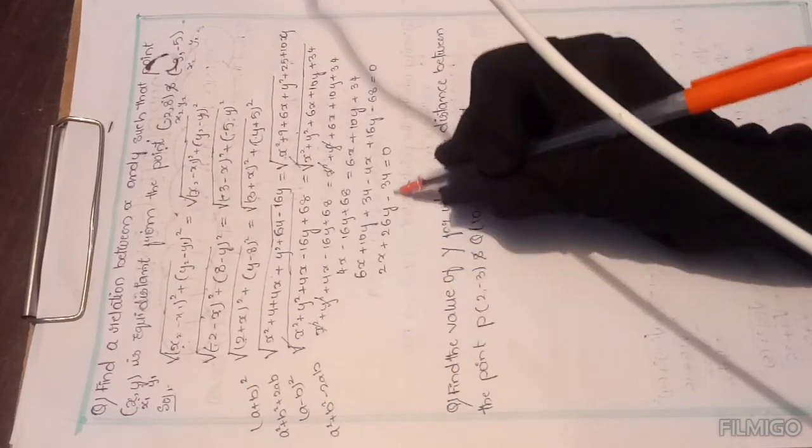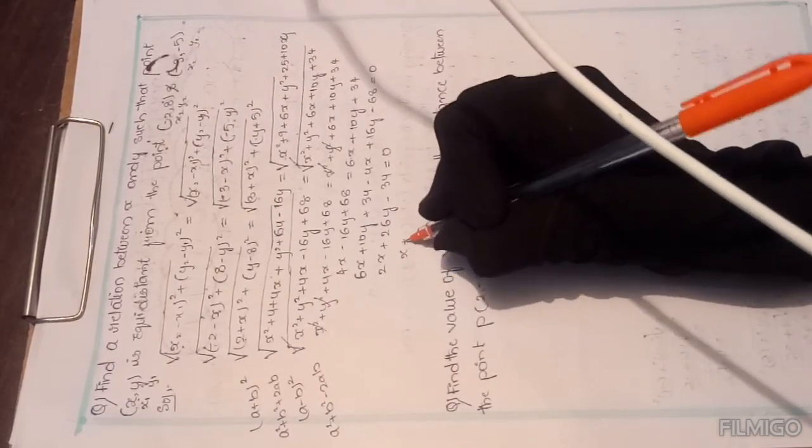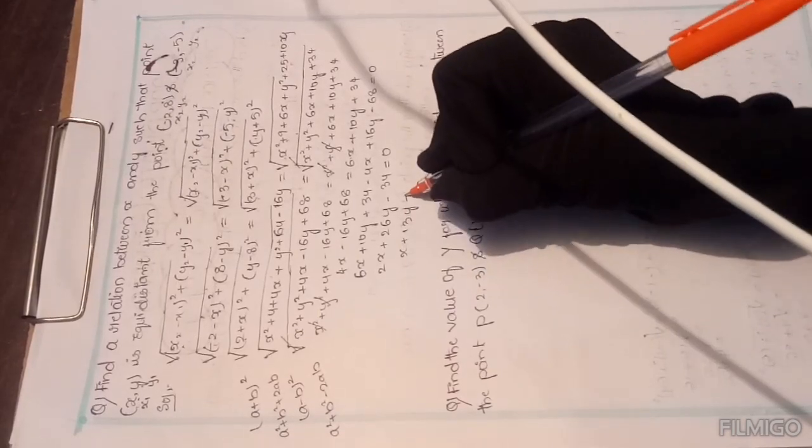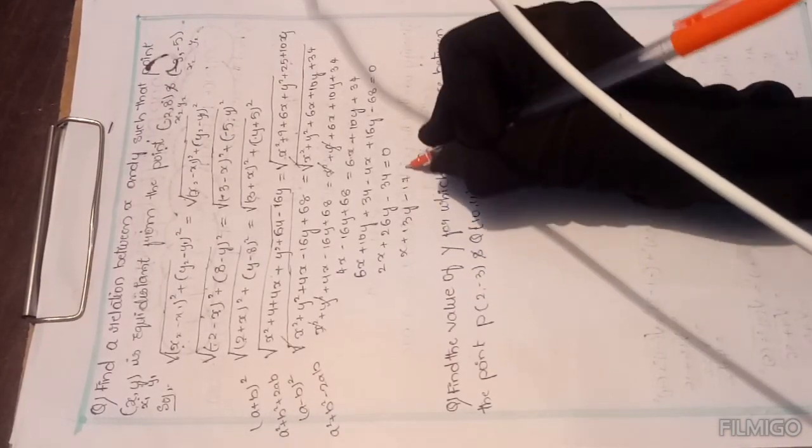If we divide all these terms by 2, we get x plus 13y minus 17 equals 0.